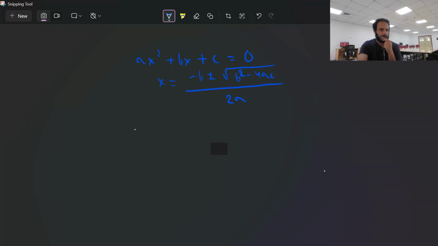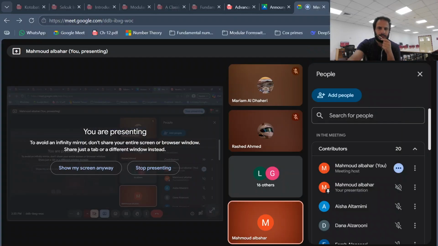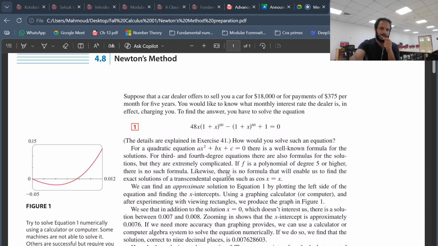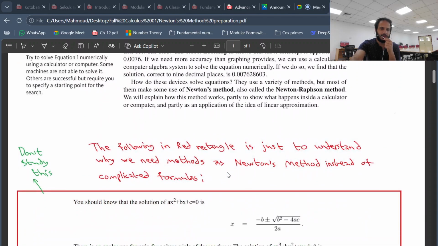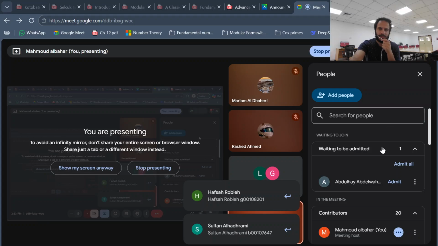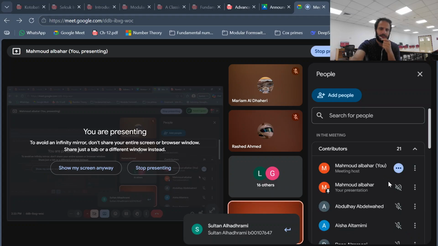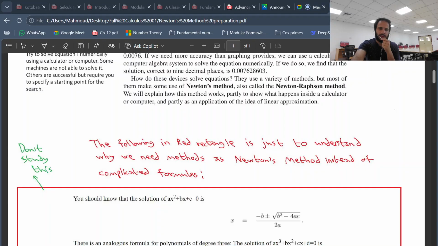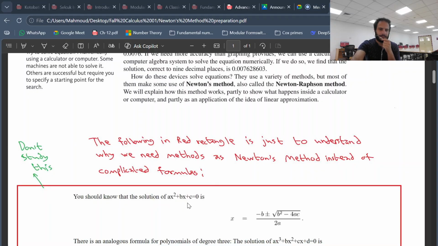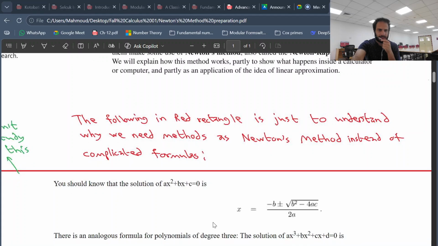What about cubic? Next we have degree 3. Do you have formula for degree 3? Yes, we have. I will show you. See here. So first we have quadratic formula, this one, right?